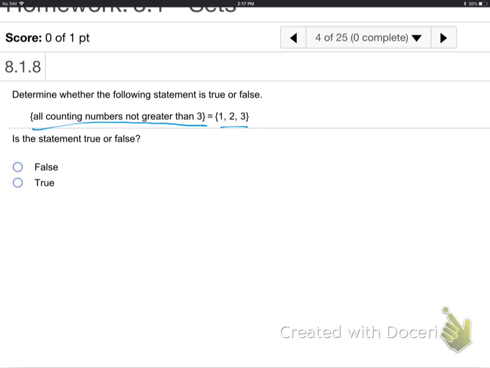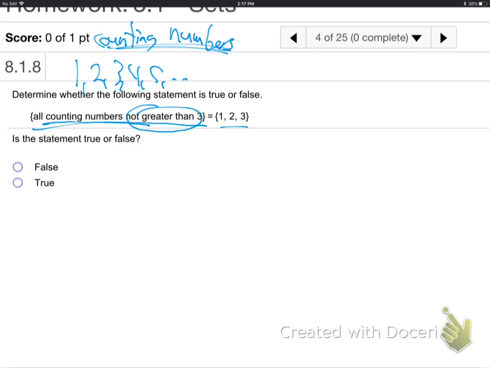Do you start with -5? No, we don't. 1, 2, 3, right? So the counting numbers start at 1, 2, 3, 4, 5, on you go. Those are what we call the counting numbers, just like what you count on. And they're saying, give us all the counting numbers not greater than 3. Which ones are not greater than 3?